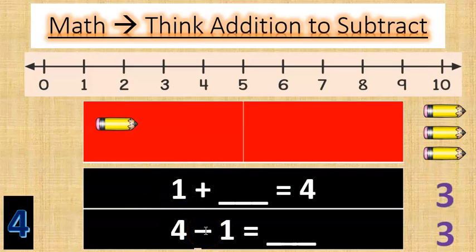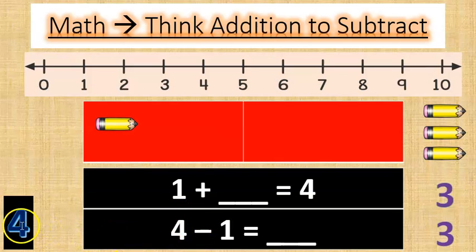Since this is a minus, this is called a subtraction equation. Say subtraction equation. Good job. So look, one has a plus, one has a minus. You gotta understand that this is addition, this is subtraction. And that's what we call think addition to subtract, okay?